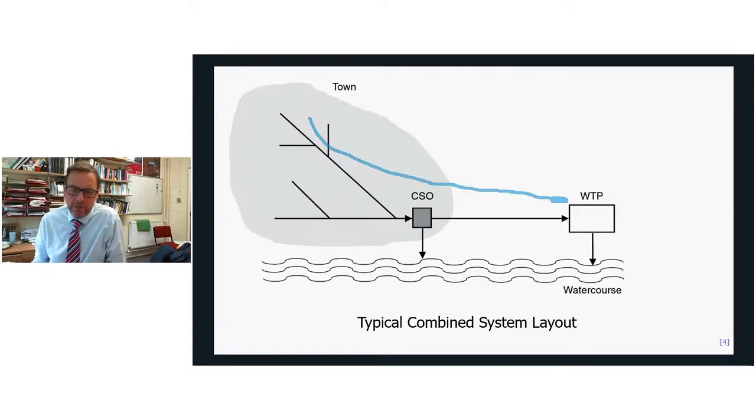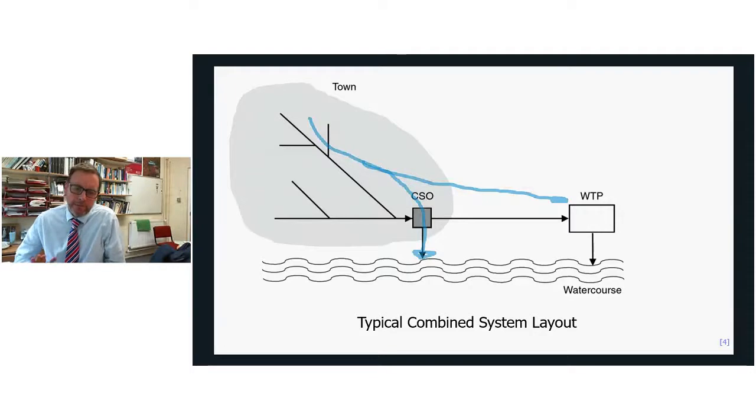Now, once we exceed the capacity of the network, so that's once things go beyond surcharging and there starts to be a risk of flooding, the system is then designed to take some of that flow and discharge it via this device called a CSO, a combined sewer overflow, into a neighbouring watercourse.